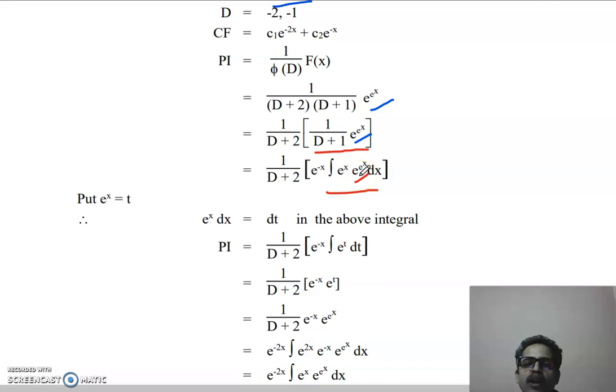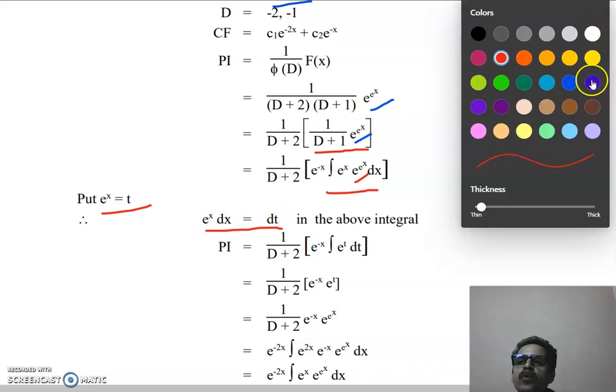So we cannot apply integration by parts here. We have to use the substitution method, and for this integral we put e raised to x as t. Taking differentials on both sides, we get e raised to x dx equal dt.